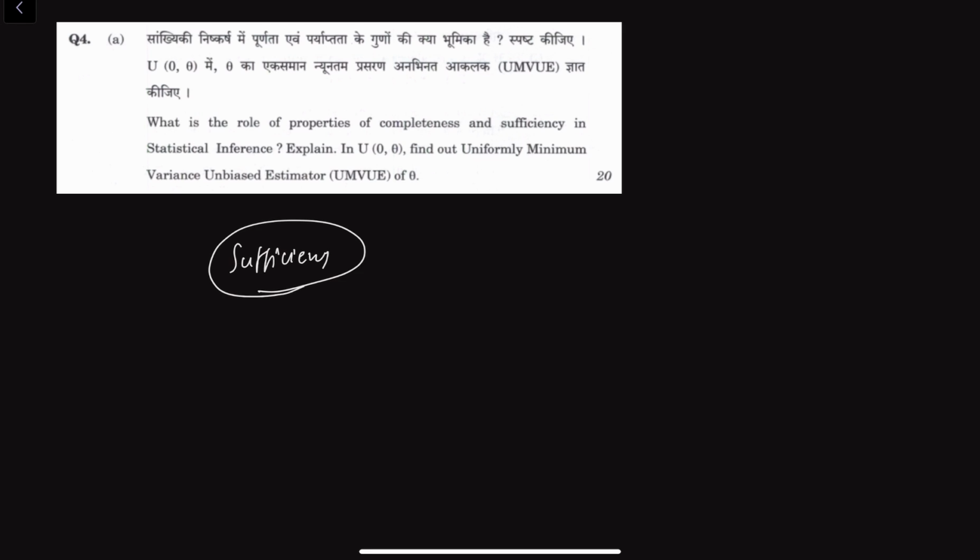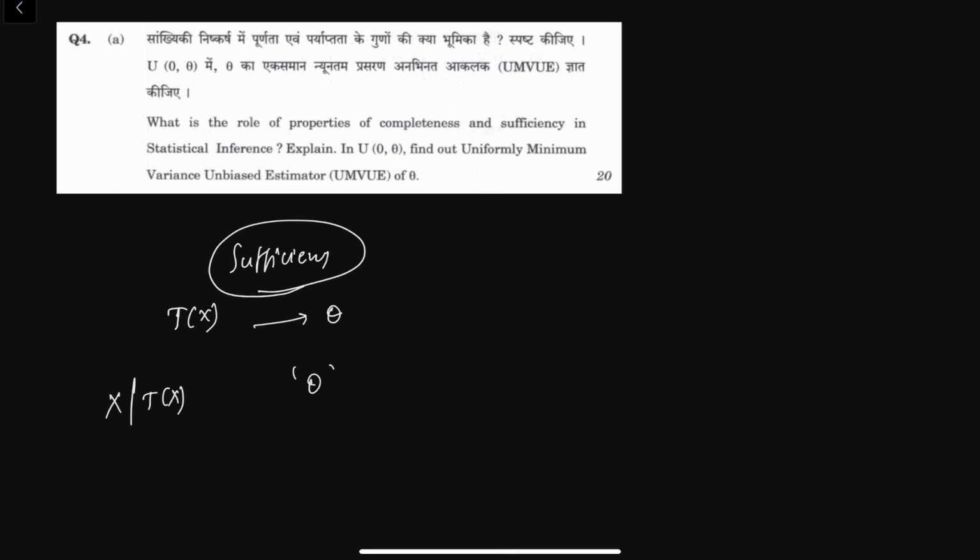Sufficiency: we say a statistic T of X is sufficient for the parameter theta if the conditional distribution of the sample X given T of X does not depend on theta.